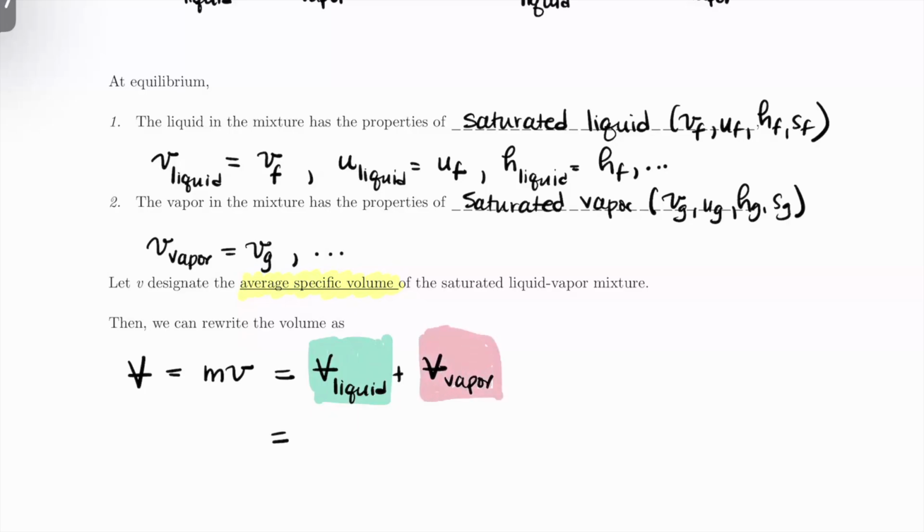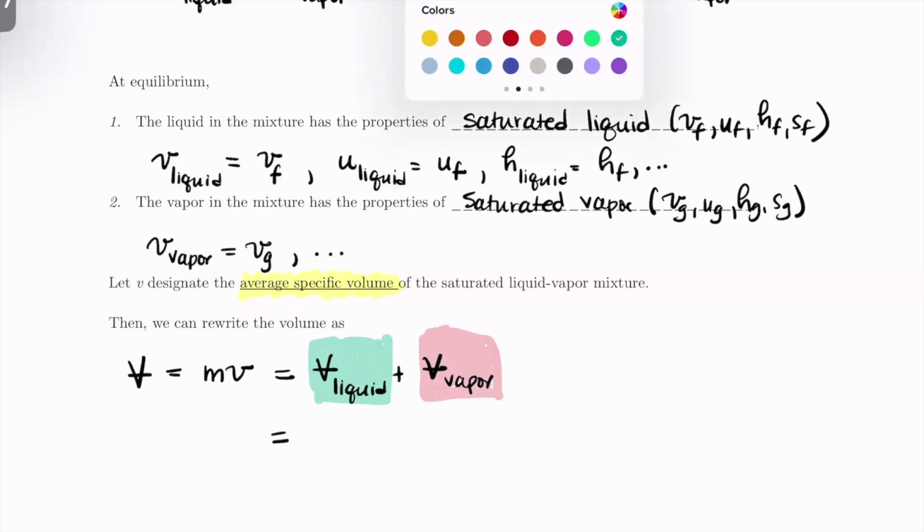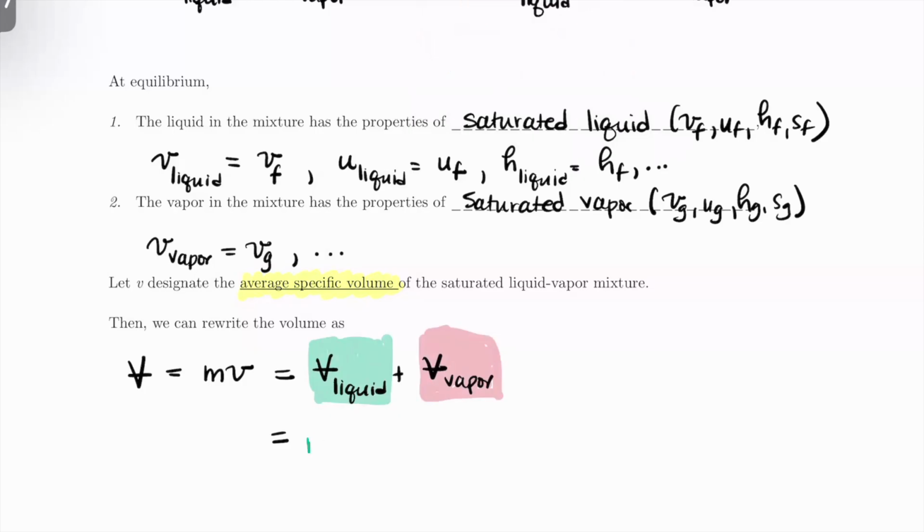So for the volume of our liquid, we can write this as the mass of our liquid times the specific volume of our liquid. And then the same thing for the vapor. So we have the mass of our vapor times the specific volume of our vapor.